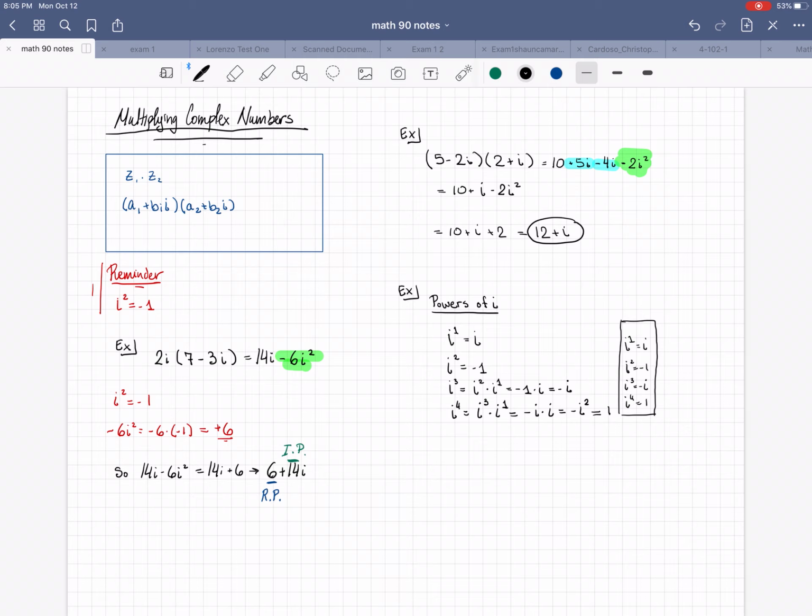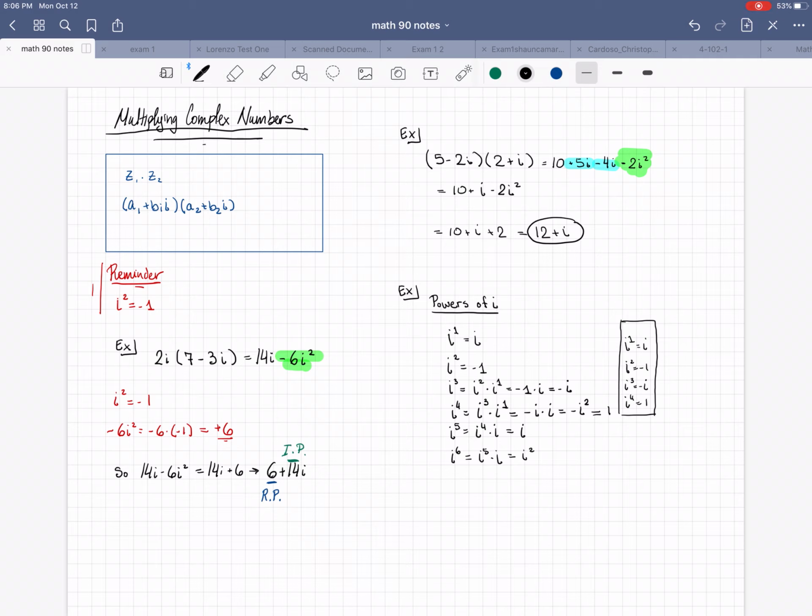Well, because what's i to the fifth? In keeping with the way that we introduced i to the fourth and i cubed, i to the fifth is just i to the fourth times i. And since i to the fourth is 1, i to the fifth brings us back to i. i to the sixth is just i to the fifth times i, which is i times i, which is i squared.